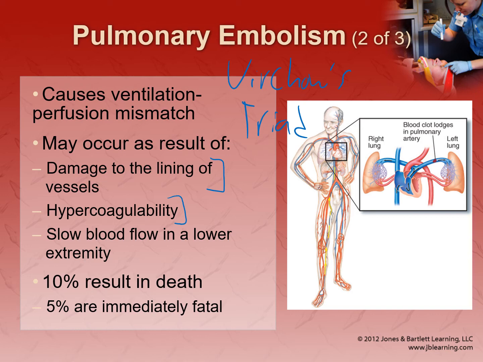Causes for this, and the one that FISDAP and National Registry really likes to give you, is somebody taking an estrogen-based birth control pill will cause a state of hypercoagulability. Patients who have sustained an injury, in the immediate post-injury period, right when the body is trying to clot off from an injury, there's all kinds of coagulation factors in circulation that makes them hypercoagulable.